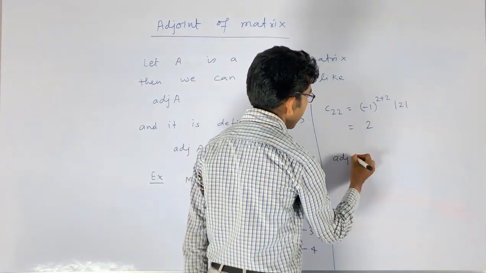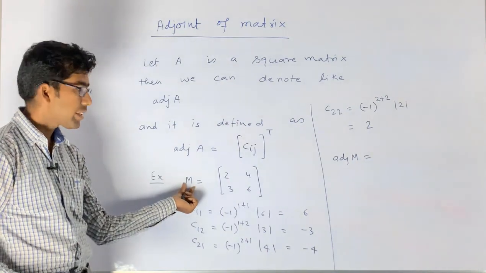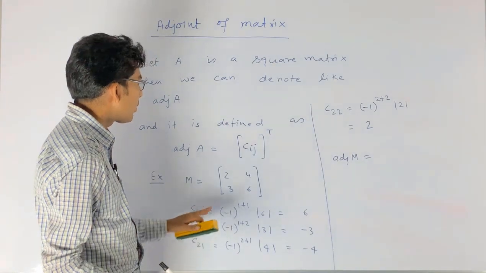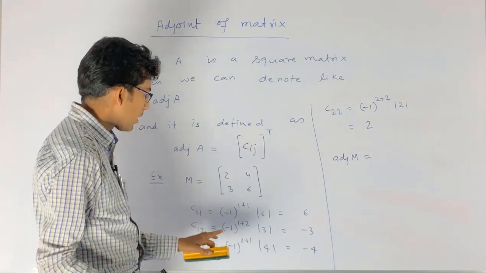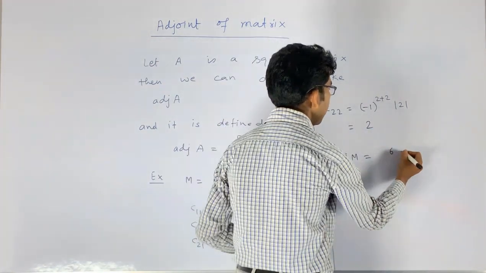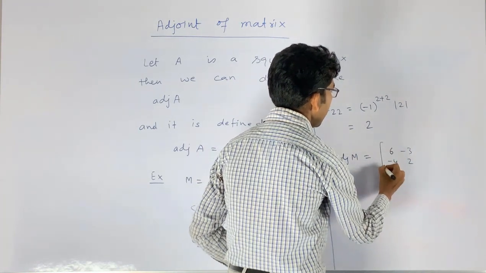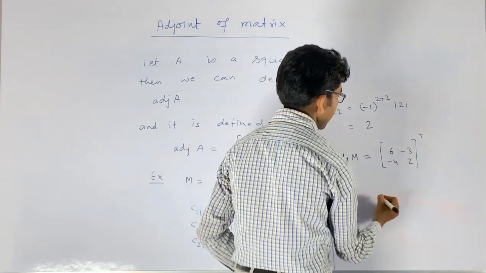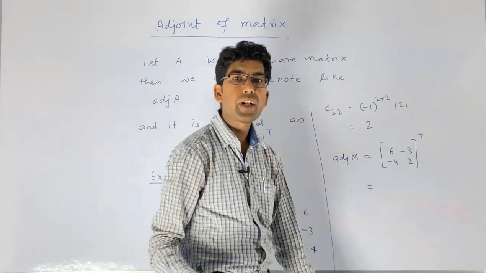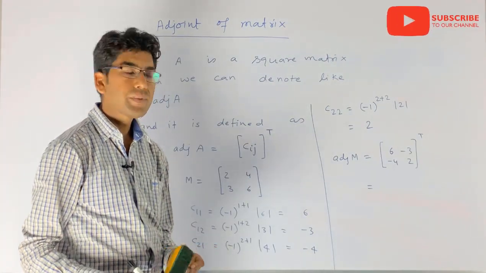Now, adjoint M. Since we have taken the matrix M, I am writing adjoint M. Adjoint M is equal to the transpose of the cofactors. So we write 6, minus 3, minus 4 and 2, transpose. For the transpose, we change the rows into columns.